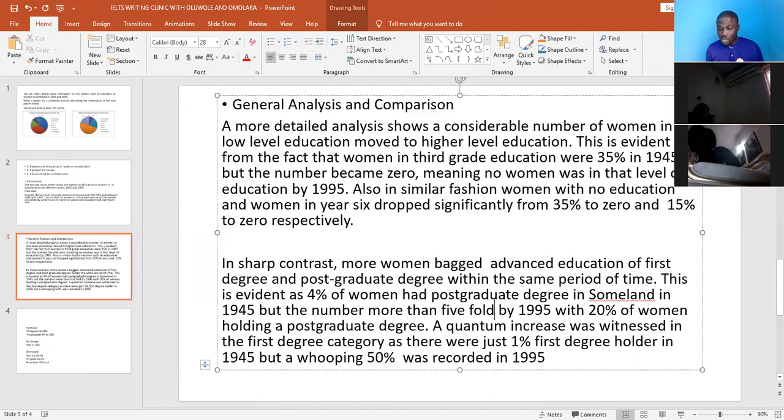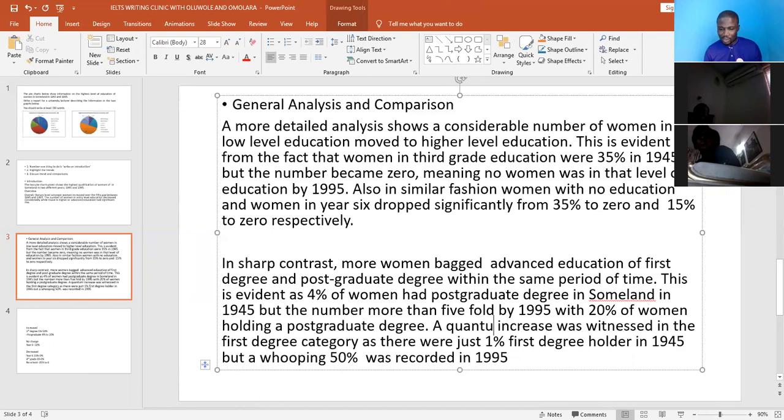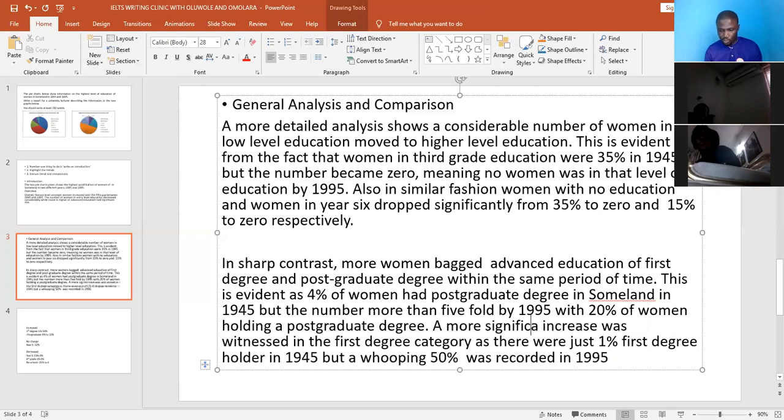A quantum increase was witnessed, a more radical, or a more significant increase was witnessed in the first degree category, as there was just 1% first degree holder in 1945, but a whooping 50% was recorded in 1995.